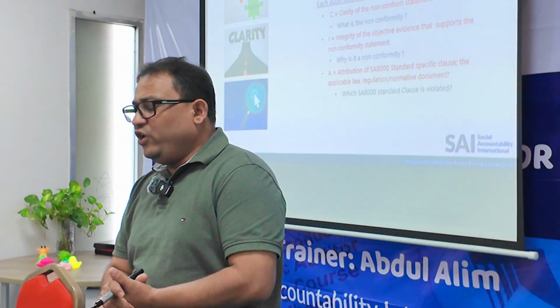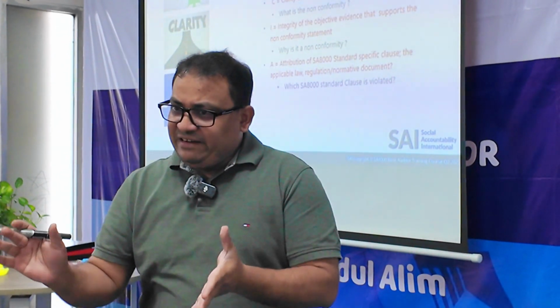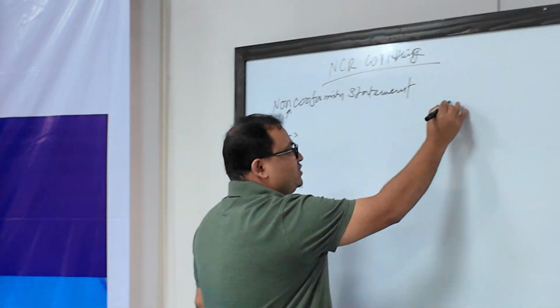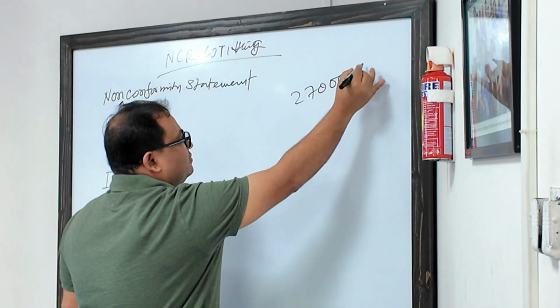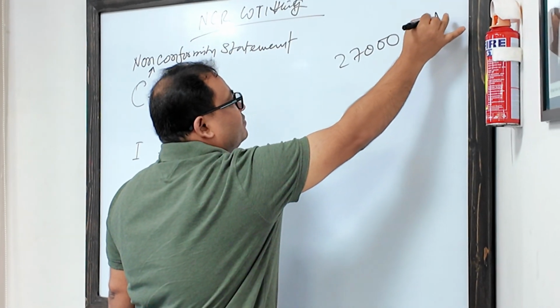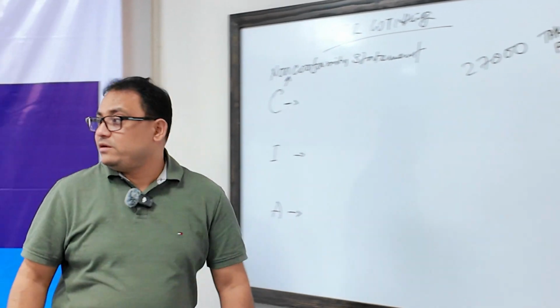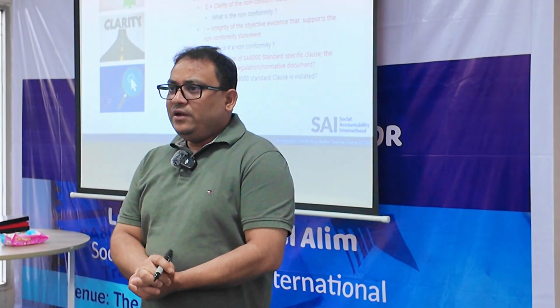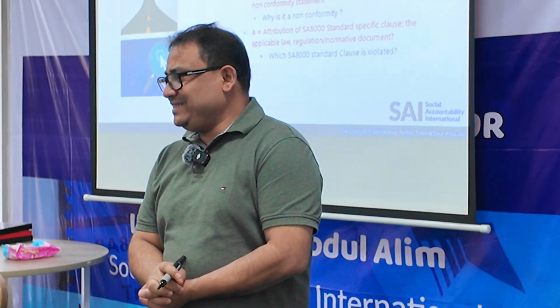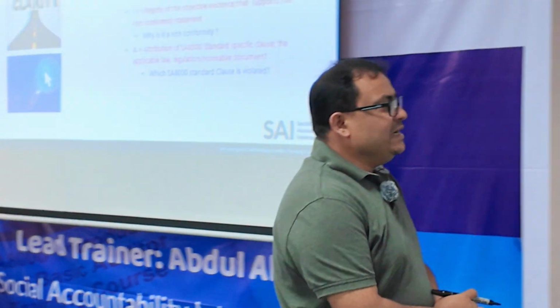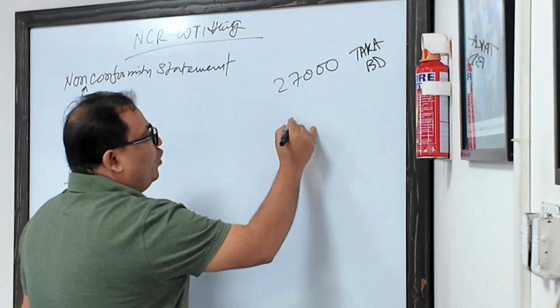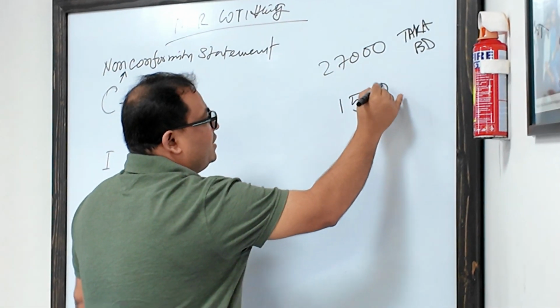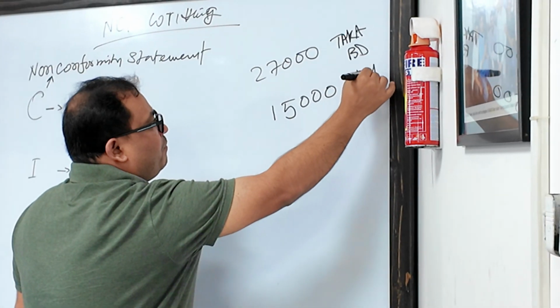Then you entered the Global Living Wage Coalition and found that for this area the living wage is 27,000 Bangladesh taka. You asked for the wage record and the wage policy documents, and you found that they are paying a minimum wage of 15,000 taka per month.